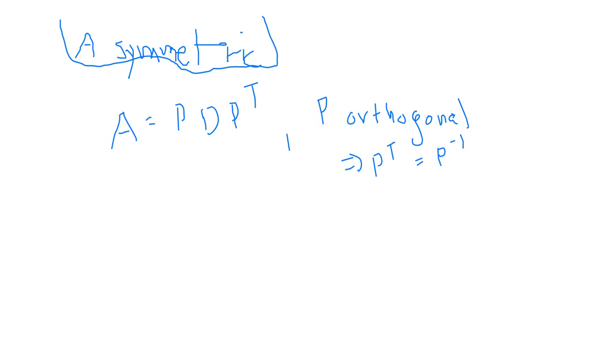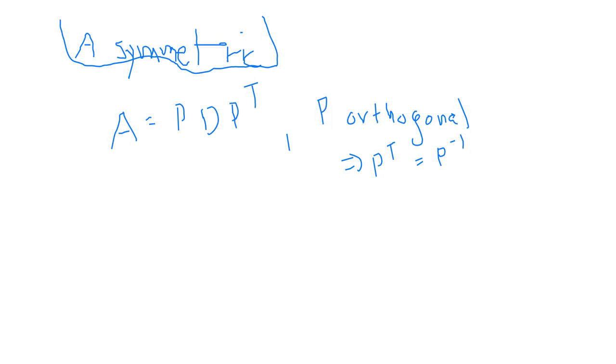So this matrix P consists of the eigenvectors of the matrix A, but we ensure that the eigenvectors in P are all orthogonal and of unit length. So if A equals P times D times P transpose, well, that's fine.